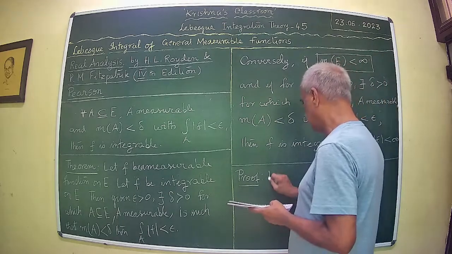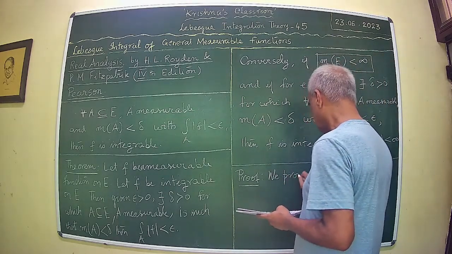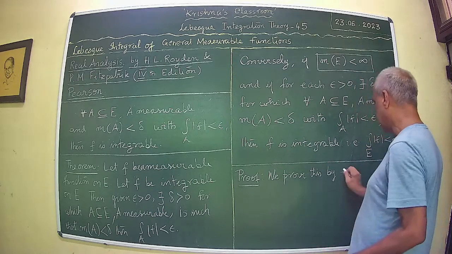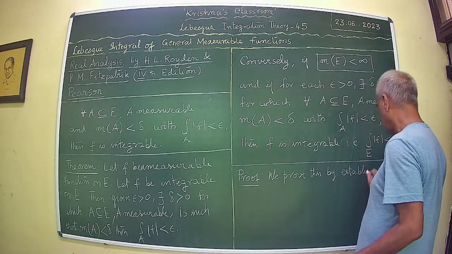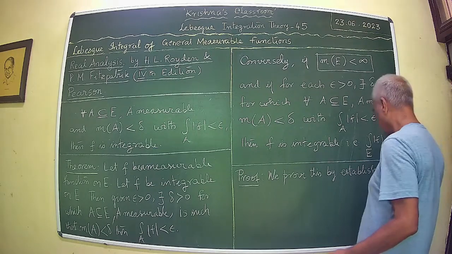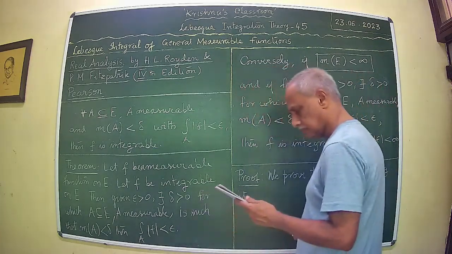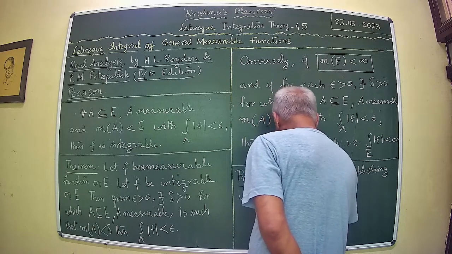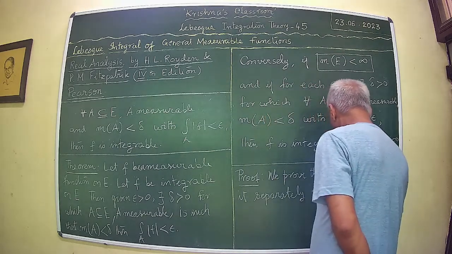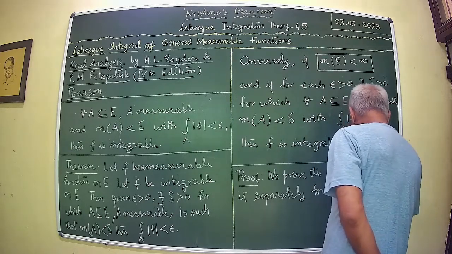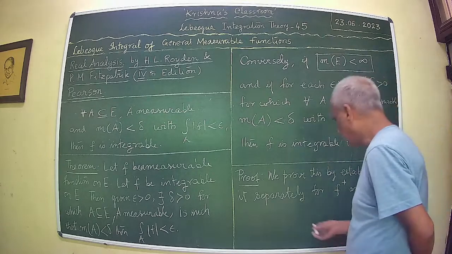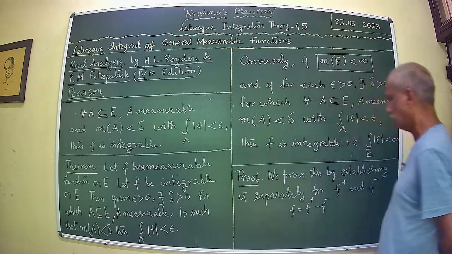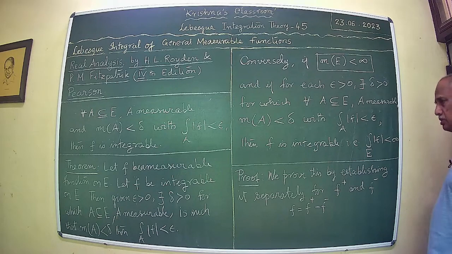So we prove this by establishing it separately for F plus and F minus. Now you recall the definition of this, and what you have is that F is equal to F plus minus F minus. Both F plus and F minus are non-negative.